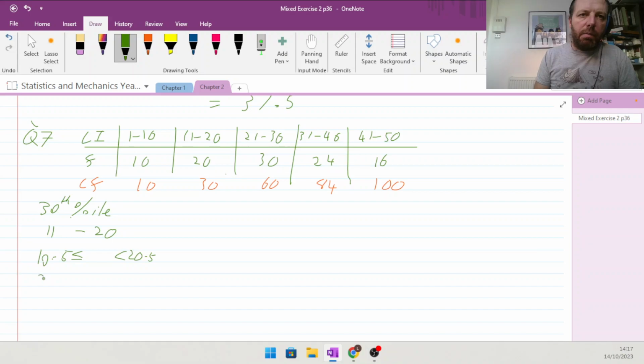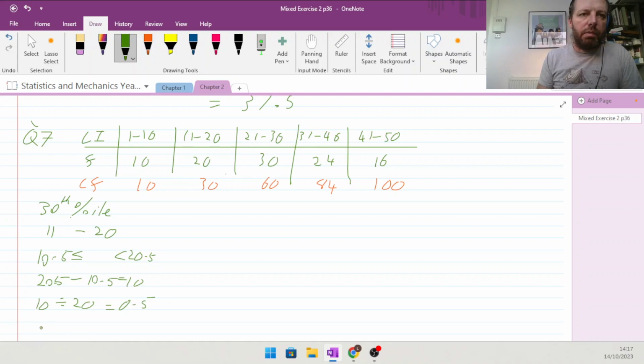When we take those two away from each other, we get 10. And that 10 is going to be shared by the 20 of the frequency that is in that gap. So it's 0.5.